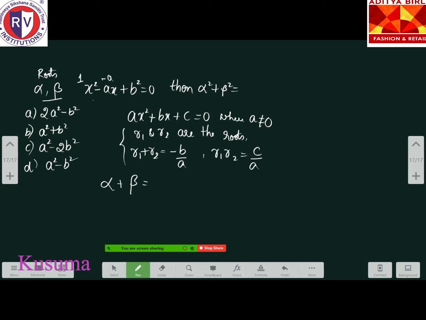So the negative of the coefficient of x means minus of minus a, that is plus a divided by 1. And the product of the roots, alpha into beta, will give us the constant term divided by the coefficient of x square. So here the constant term is c.